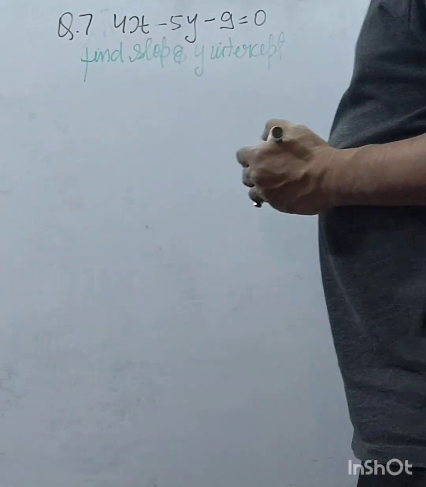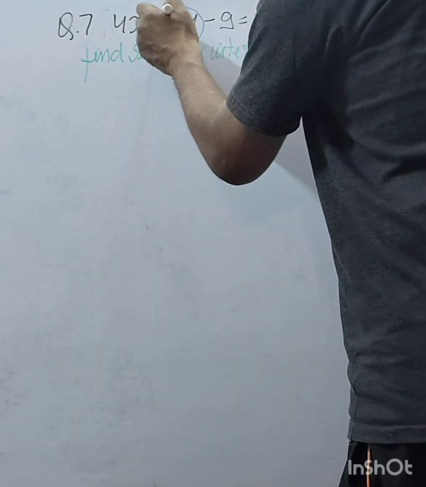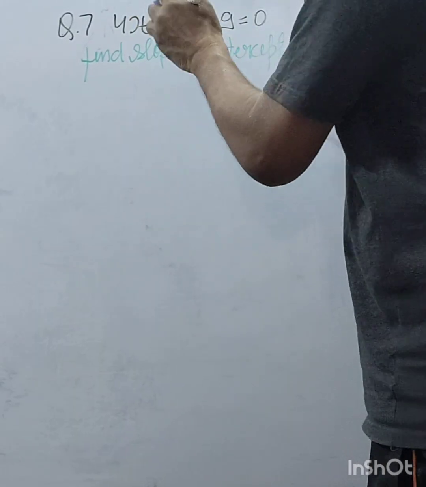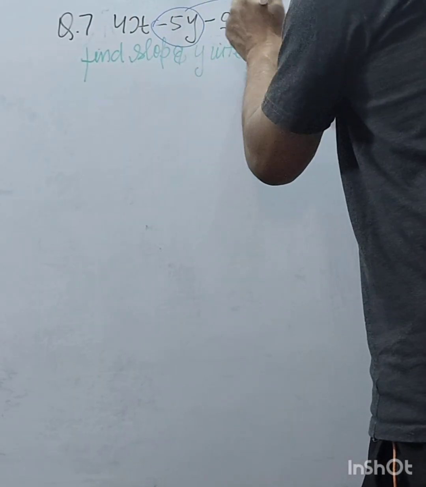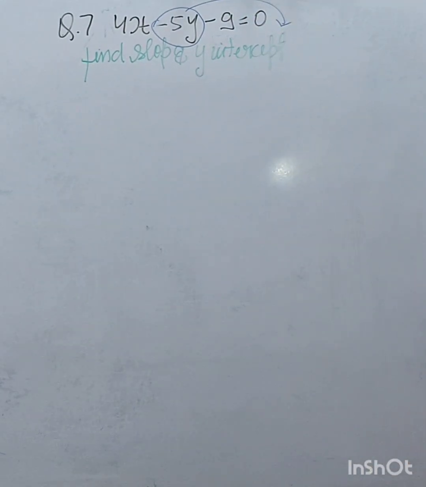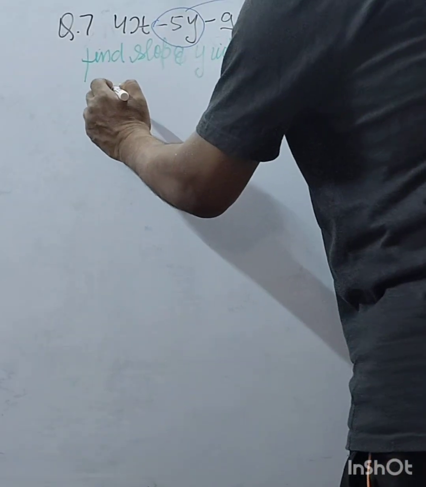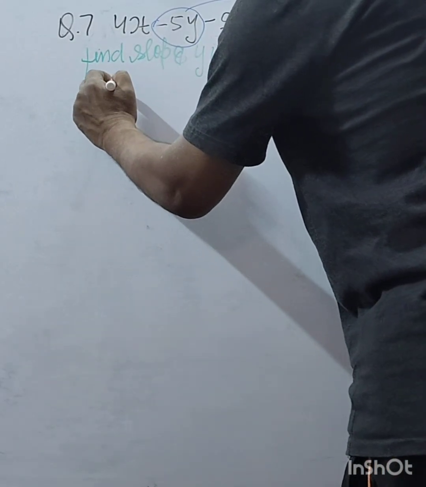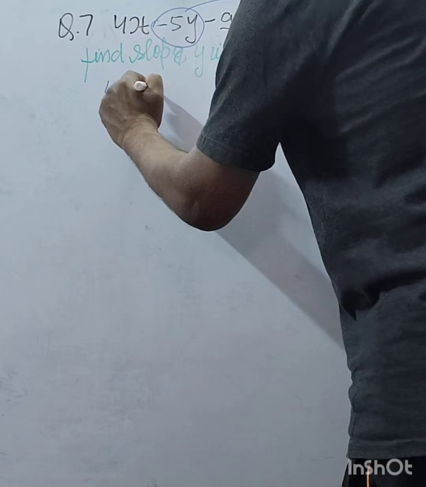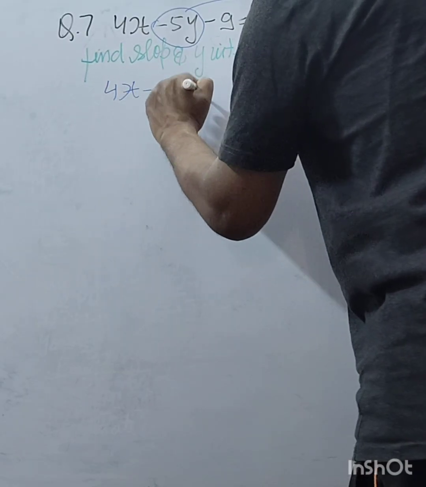So you can write this equation like this: you bring this minus 5y on this side of equal. When you bring it on this side of equal, then it becomes 4x minus 9 is equal to 5y.